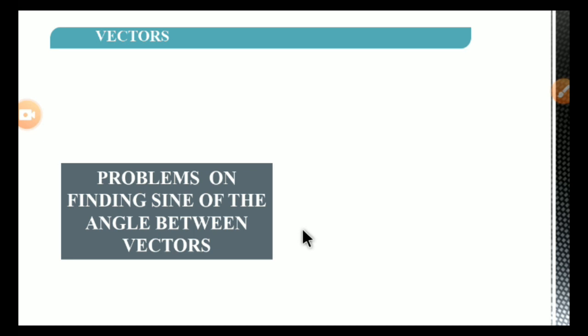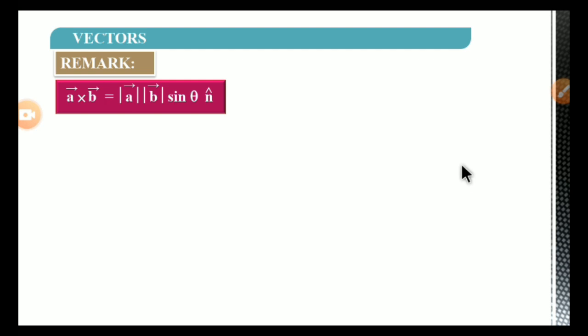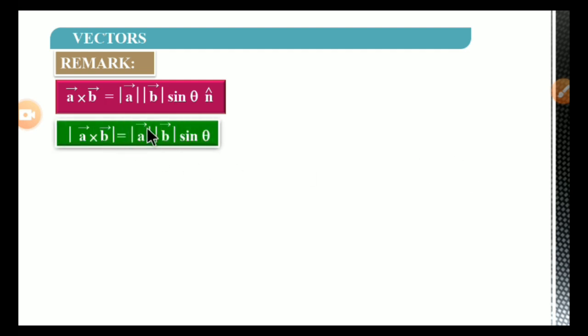Now, again we will solve some more problems on finding sine of the angle between vectors. Because of that, here we will see one more time the remarks. A cross B is equal to magnitude of A into magnitude of B into sine theta into n cap, and the magnitude of A cross B is equal to magnitude of A into magnitude of B into sine theta.